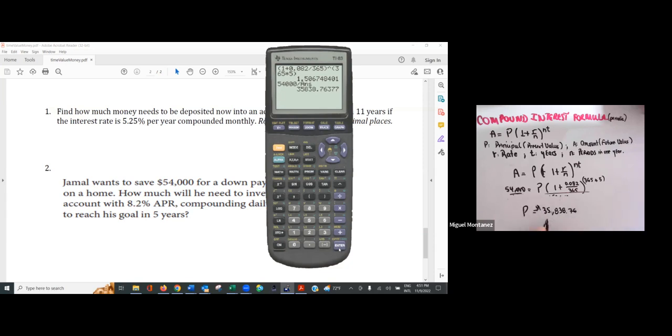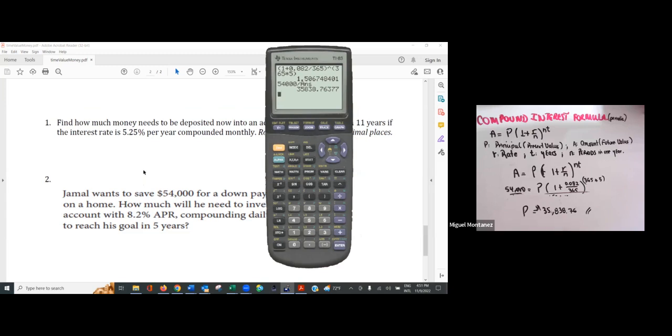So he needs to deposit almost $36,000 today. So in 5 years, at 8.2% compounded daily, he could get $54,000. That's it. So we saw for P.